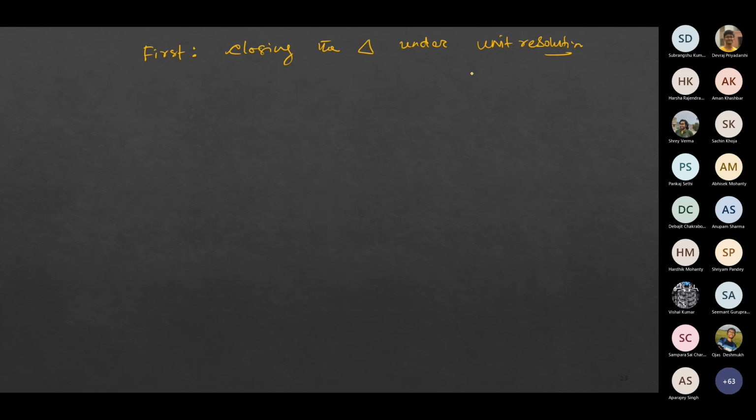This means that we are applying unit resolution as far as we can. And after that, whatever is remaining with delta, we are saying that we are closing delta with unit resolution. And in this process, we will be collecting all the unit clauses.